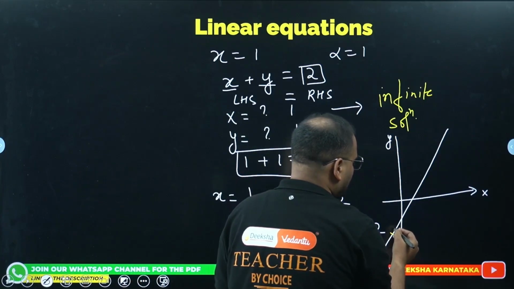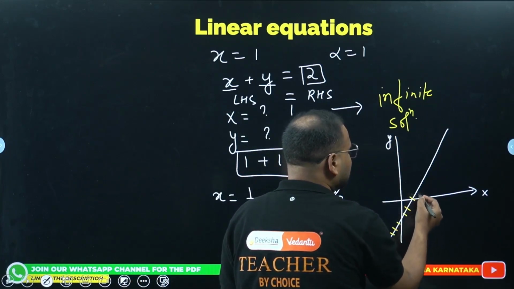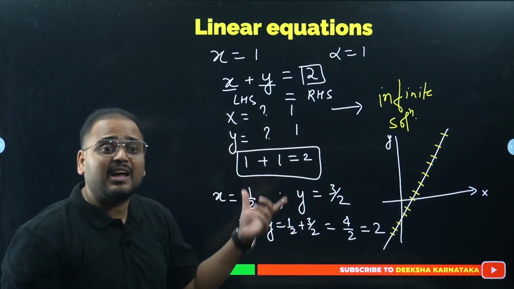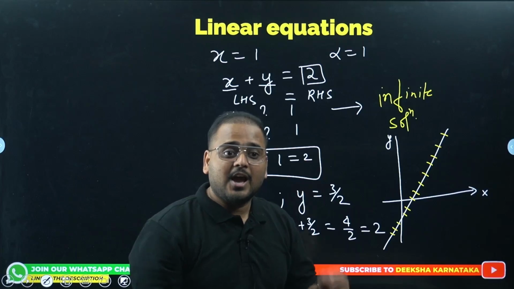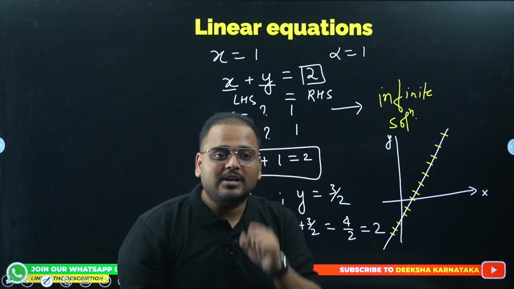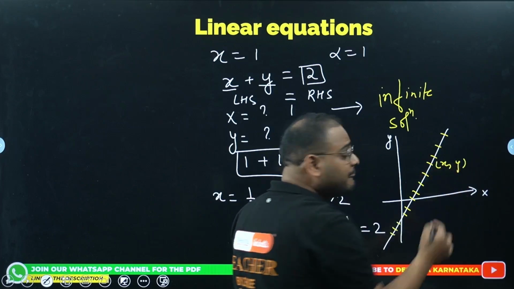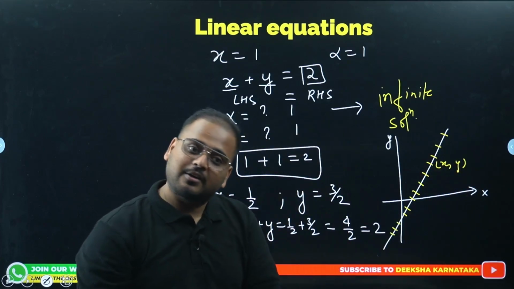Can you count the number of points on this line? You cannot, because this line will have an infinite number of points and every point will have its coordinates (x, y). Some value of x and some value of y will be there, right?